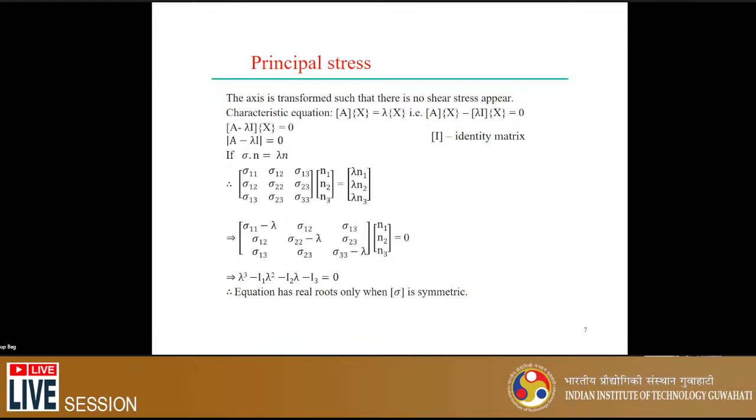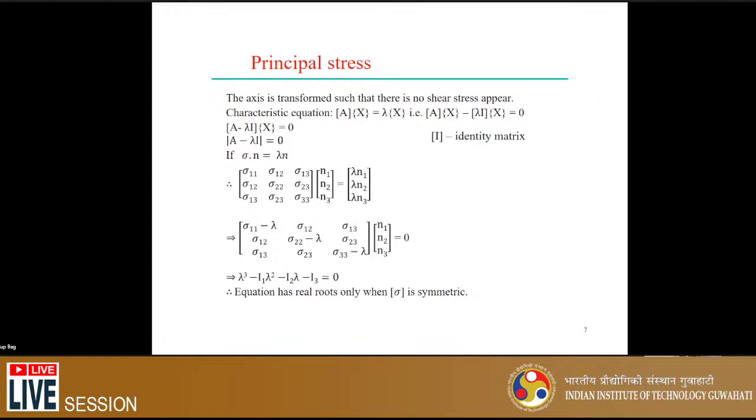So A represents the 9 components of the stress value, which means the 3 normal stress components and the remaining shear stress components. Now Ax equals lambda I x. This simply performs matrix operations, and from here you can find A minus lambda I, where I is the identity matrix, times x equals 0.